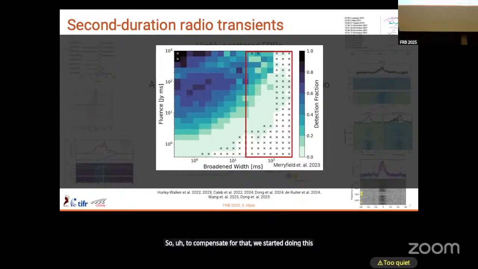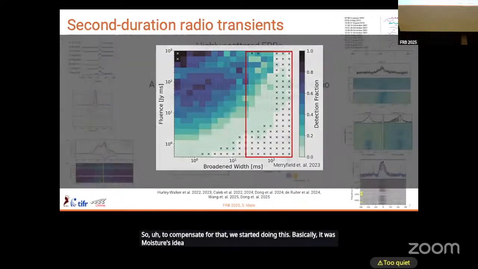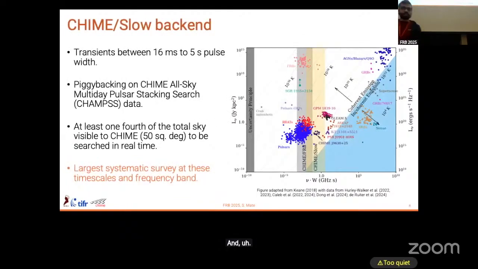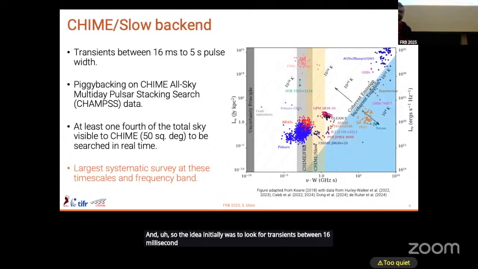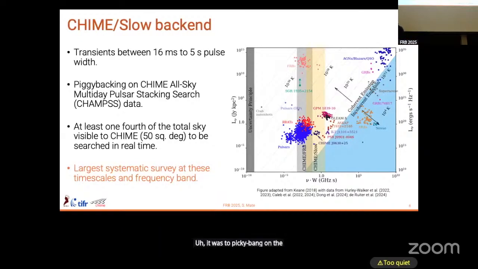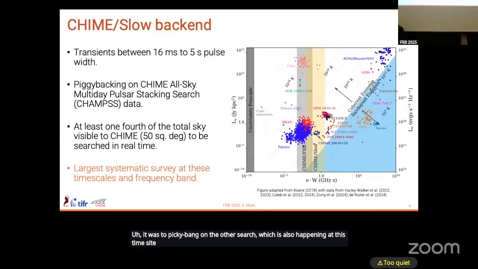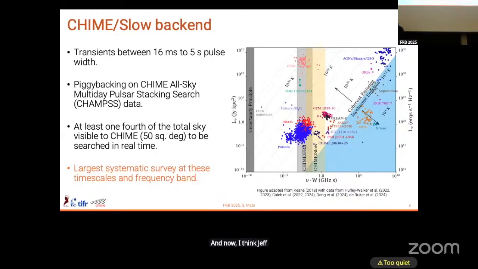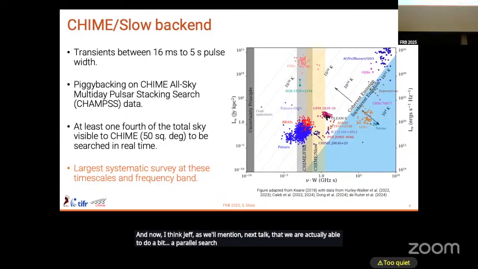It was mostly Sriharsh's idea and I implemented it when I joined. The initial idea was to look for transients between 16 millisecond and 5 second pulse width. It was to piggyback on the other search happening at the CHIME site, CHAMS, which looks for longer duration pulsars, like slow pulsars. Now I think Jeff will mention in the next talk that we will actually be able to do a parallel search compared to the initial idea.